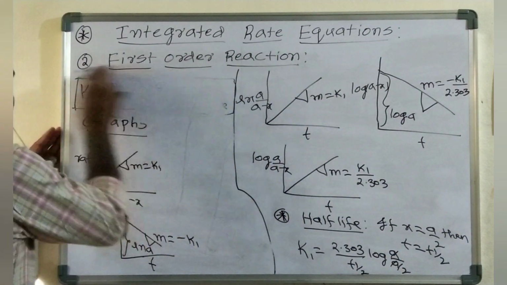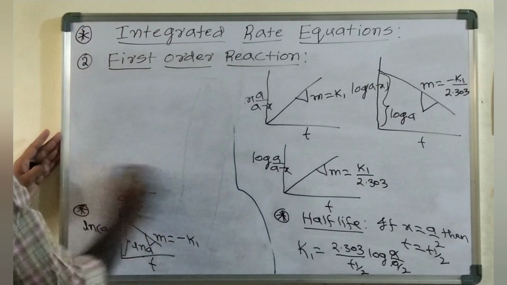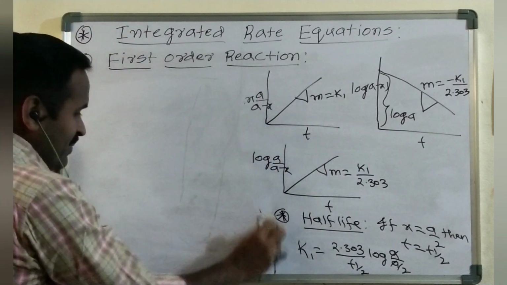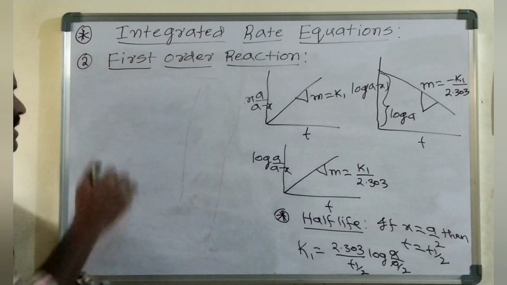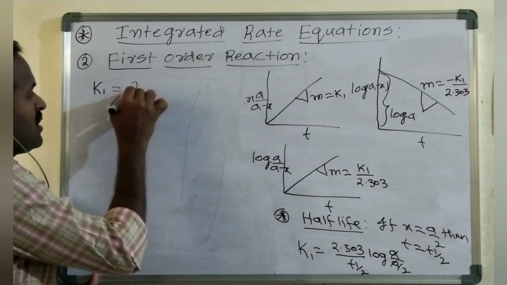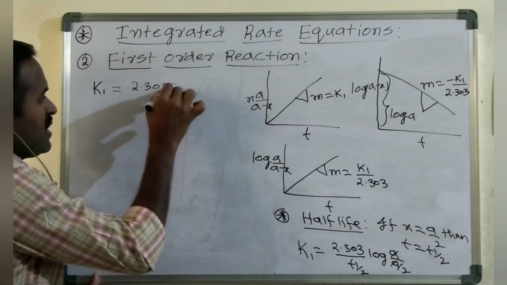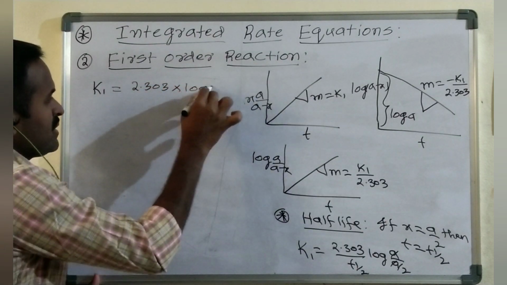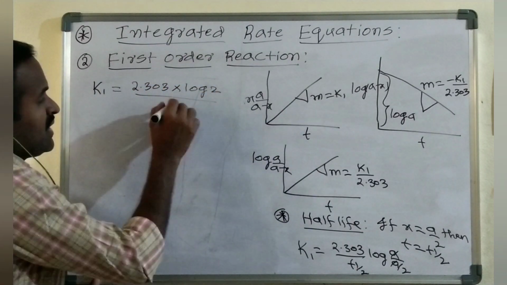After simplification, K1 is equal to 2.303 into log 2 divided by t half.